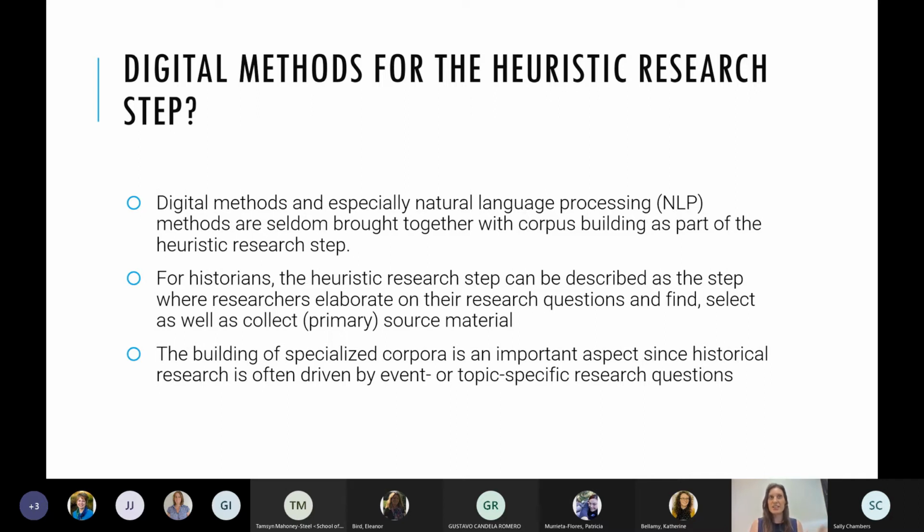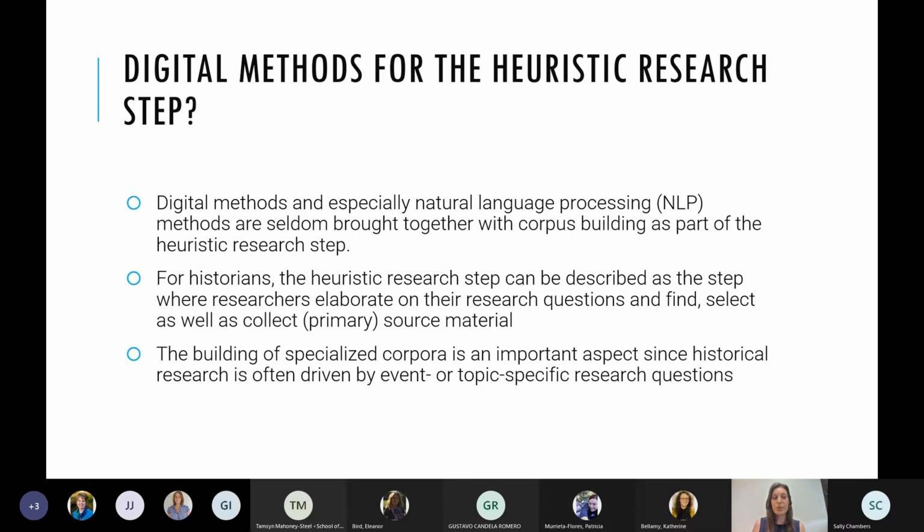So there are basically these three steps: the heuristic step, then the source criticism, and the interpretation of sources. In this heuristic step, historians elaborate on the research questions. They try to find, select, and also collect primary source material which they want to work with further.